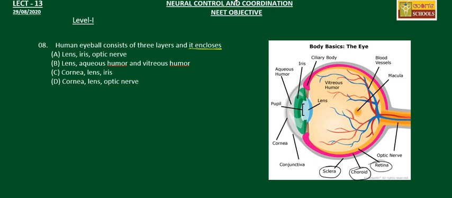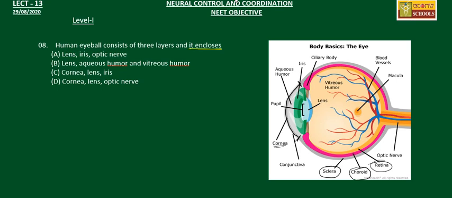And you can see the sclera, except on the anterior side, where this point is called the cornea, and the remaining is all sclera. Now the whole eye is divided into two chambers with the lens in between.